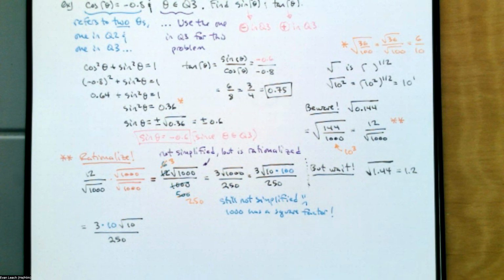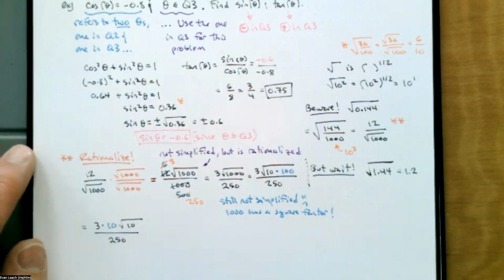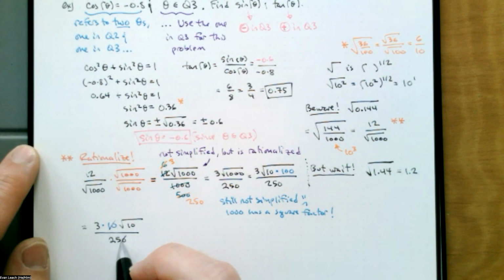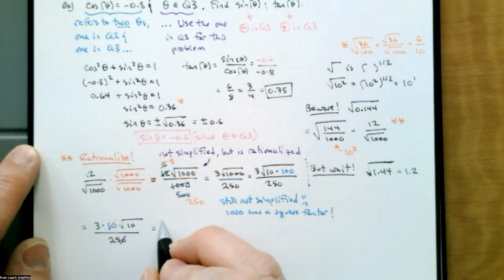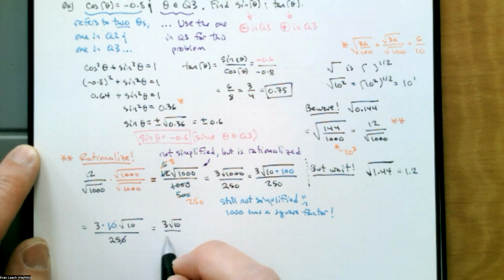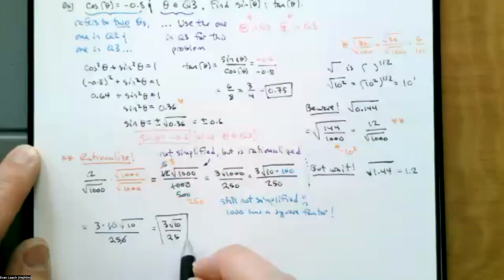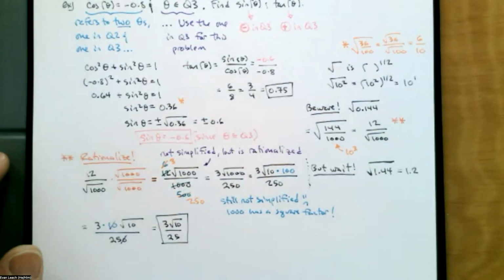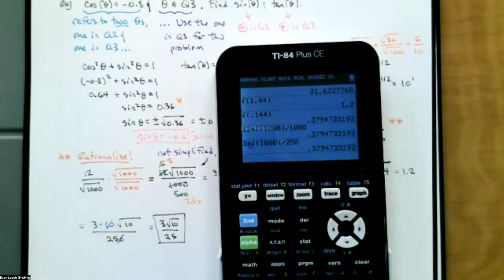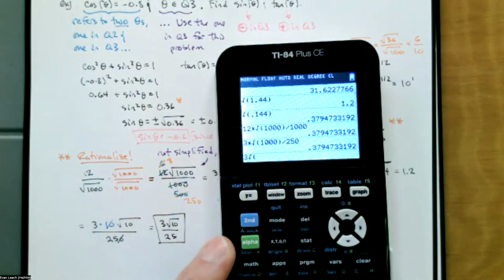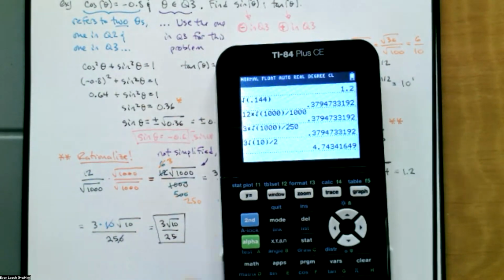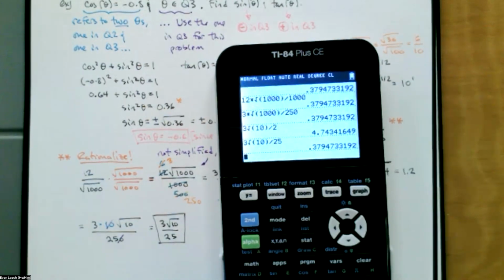This is still not simplified because now the constants, the 10 and the 250, have something in common. We can cancel that out. And so a simplified form of this would be 3 times the square root of 10 over 25. That's how you would rationalize and simplify this. So 3 square root of 10 divided by 25. I spelled 25 wrong. It is still the 0.379.